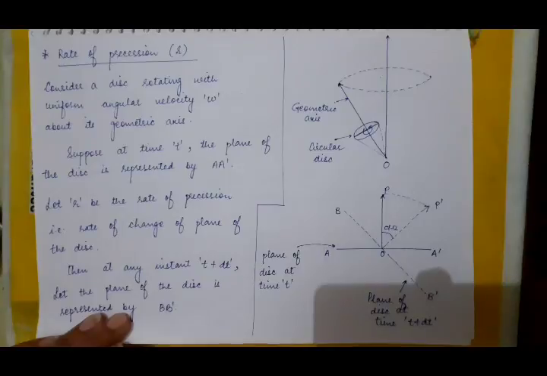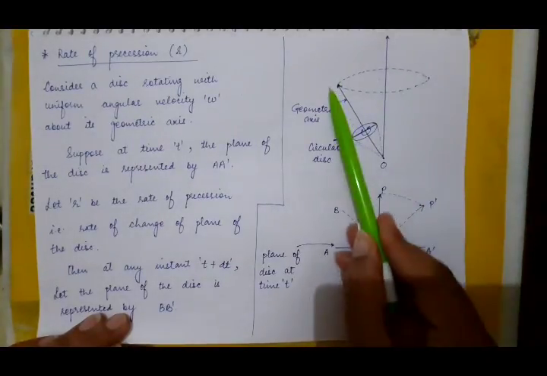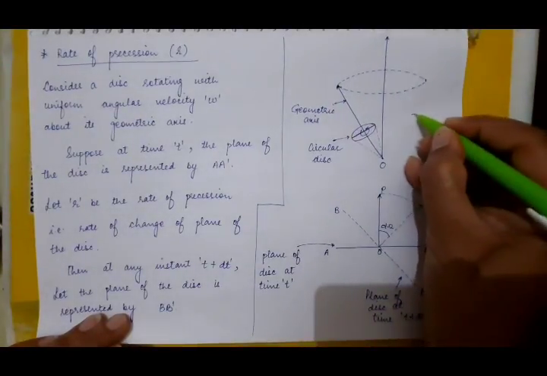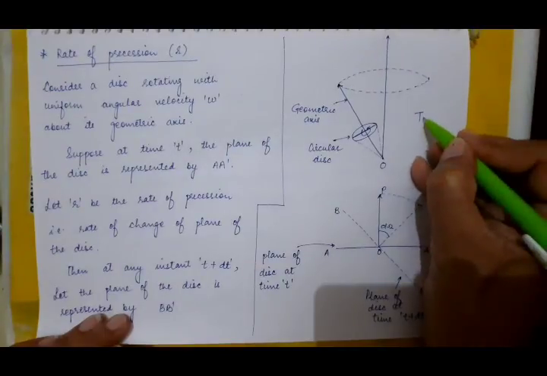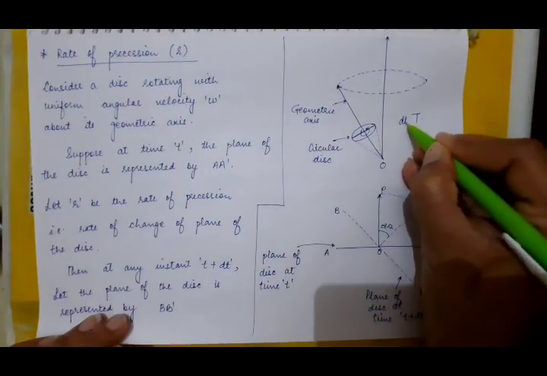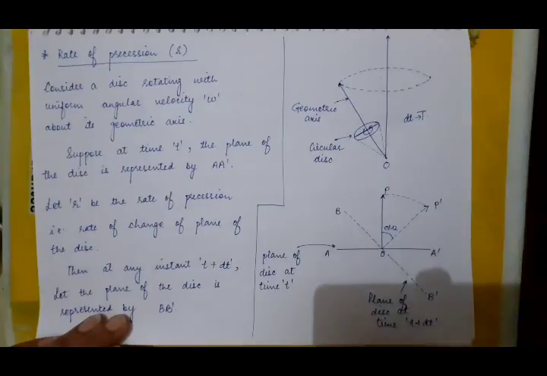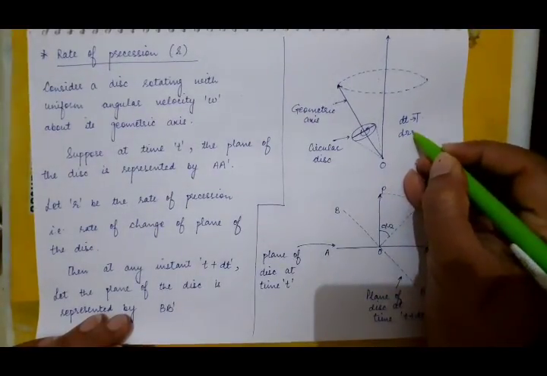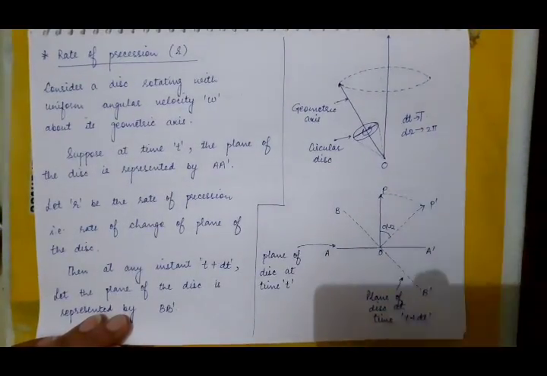So what will be the time period of this precessional motion, or time period of precession? This is T, time period of precession. It means dt has changed to T, and d omega in one complete rotation will be 2 pi.